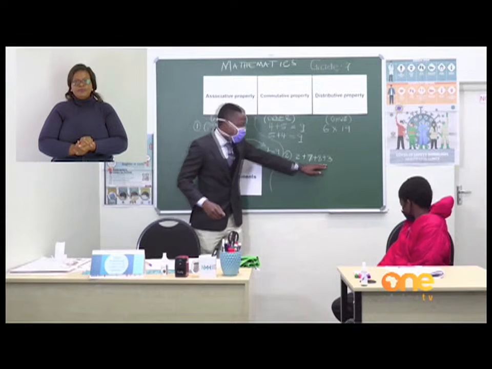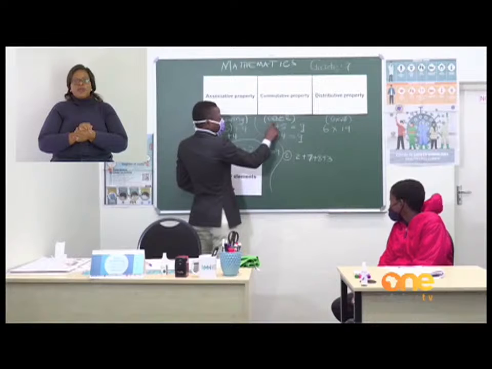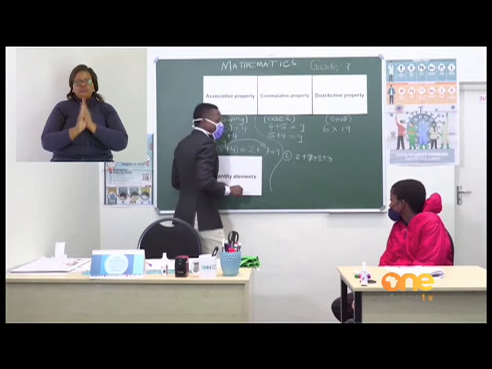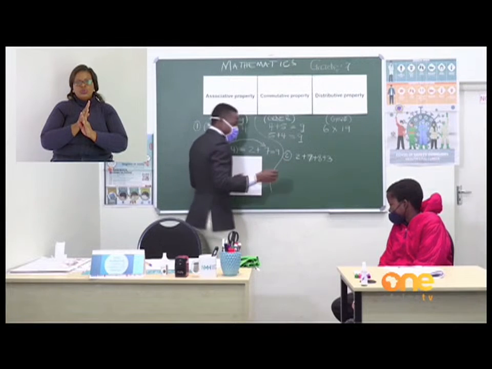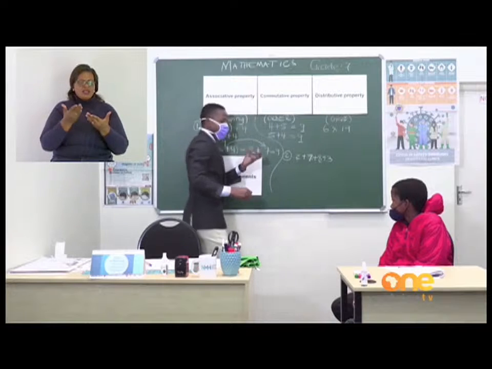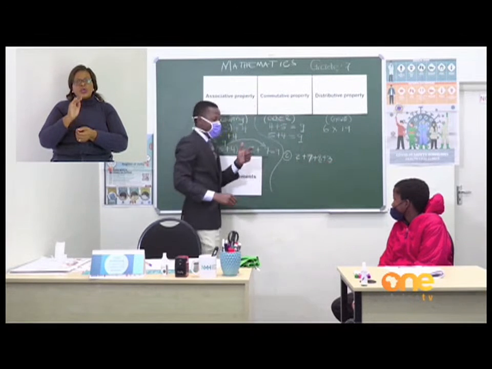I have these numbers here. I need to change the order depending on the number which I feel can match with the other number. Look at 2 and look at 8. This number can give you 10. Look at 7 and look at 3. It can also give you 10.